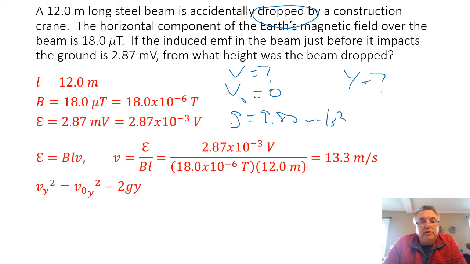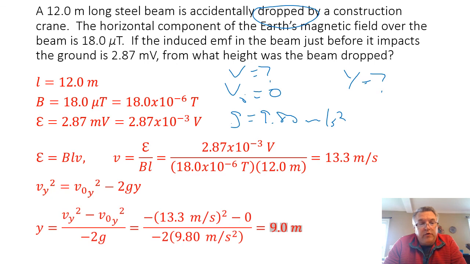Solving that equation for y, I am going to have Vy squared minus V naught y squared divided by negative 2g. And when I get to plugging my values into that equation, remember my velocity before it hits the ground should be in the negative direction. I am going to have a height of 9.0 meters.